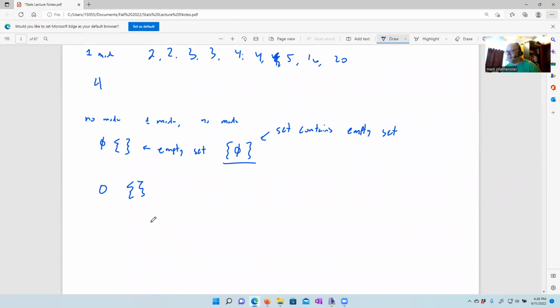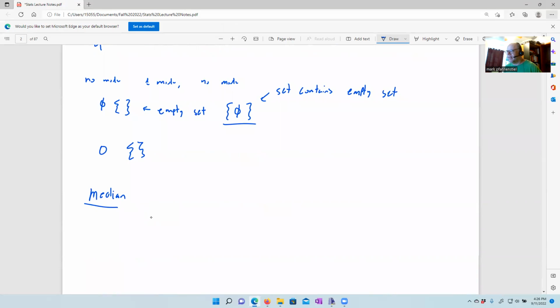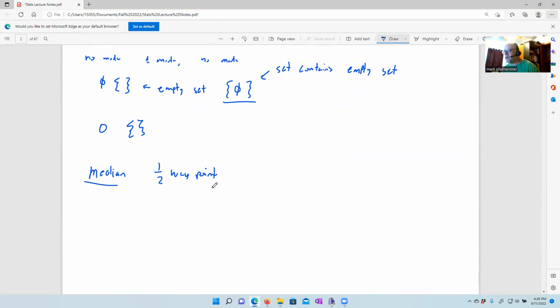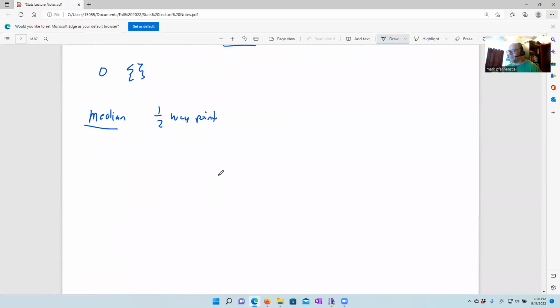Okay, so that's mode. Then we talk about median. Median is the halfway point. When we get to doing some of the homework, you'll see the issue with some of this.